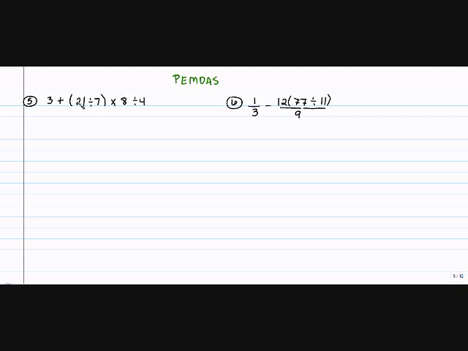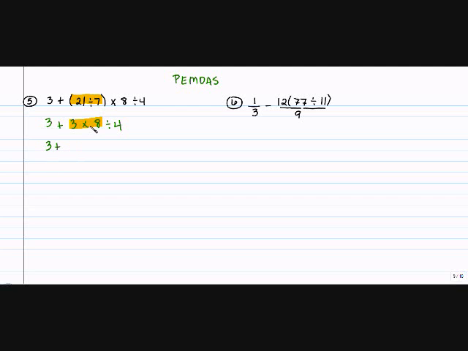Okay, I have parentheses, so I need to do what's inside the parentheses first. I'm going to highlight that, rewriting the rest of my problem. 3 plus 21 divided by 7 is 3 times 8 divided by 4. I have to do all multiplication division left to right, so I'm going to do 3 times 8 first, since that's my first multiplication problem.